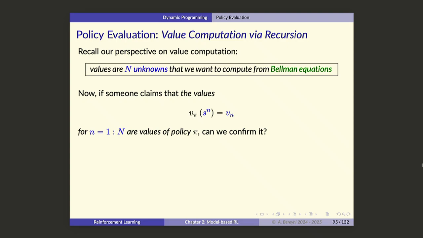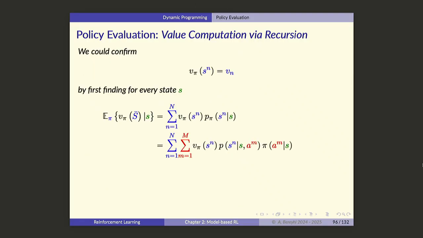You just randomly choose some values, right? So for these values, I don't know whether this is the value of this policy or not. How can I confirm whether this is the value of this policy or not? I can put it inside the Bellman equation, right? What does the Bellman equation say? It says that if you want to know the value of one particular state, you can write it down in terms of the immediate reward plus that extra expectation, right? And you can always compute that extra expectation given the values that you have considered here.